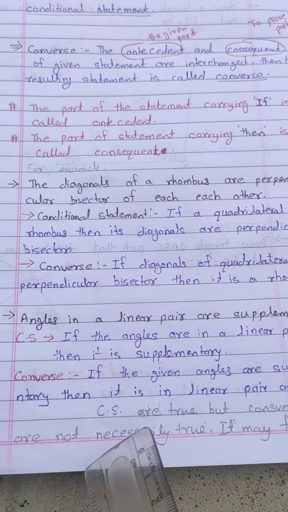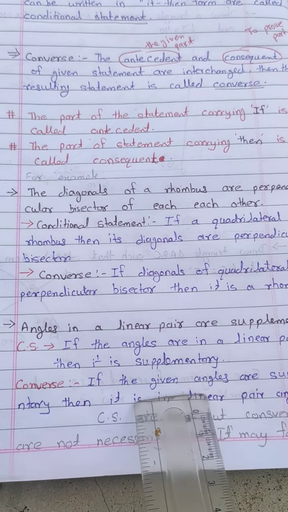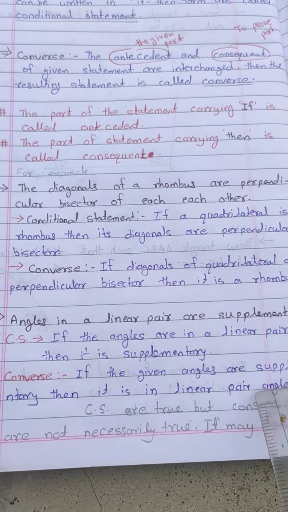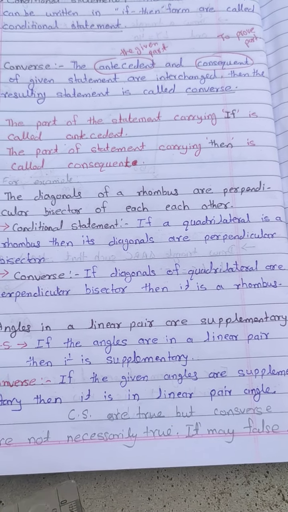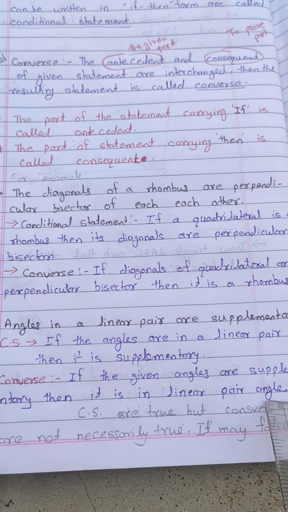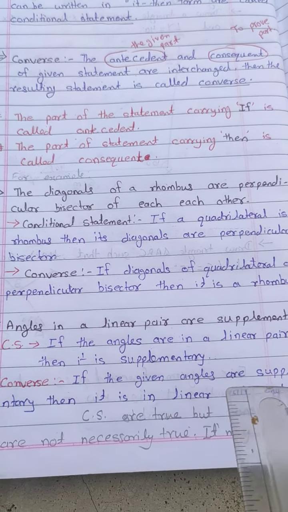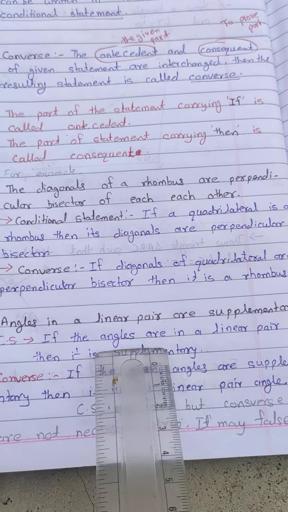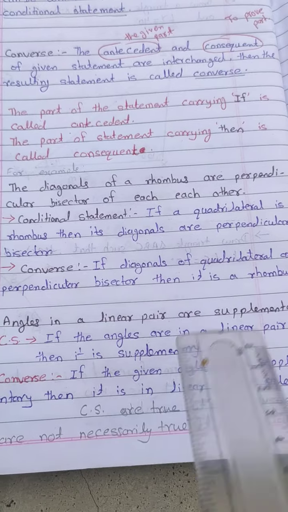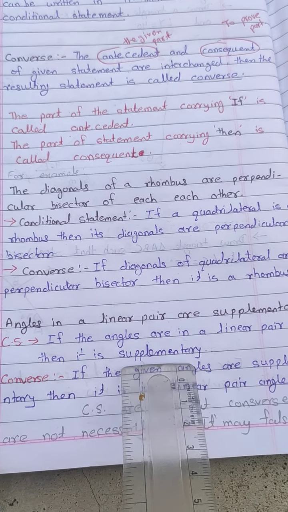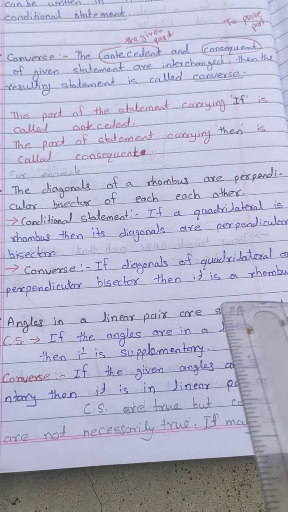And how do we write the converse? The converse is: if the given angles are supplementary, then they are a linear pair. So here see, in the conditional, if the angles are in a linear pair, it is the given part, the antecedent, and then they are supplementary, it is the consequent.